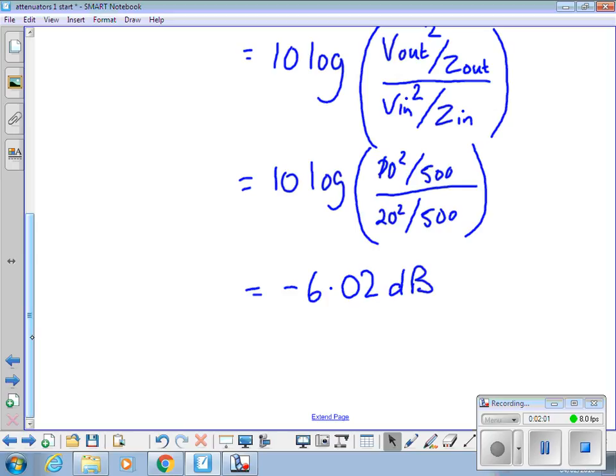Minus attenuation is gain, just like negative deceleration is acceleration, or deceleration is negative acceleration. You get my meaning? They're opposites of each other. So that's the value we need to be able to use the calculator.